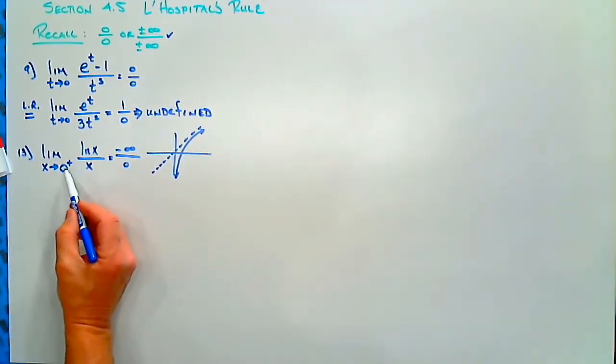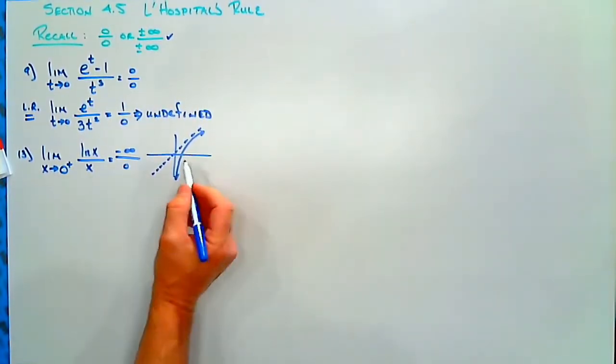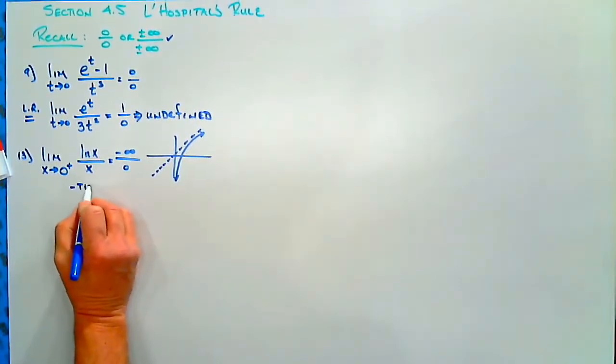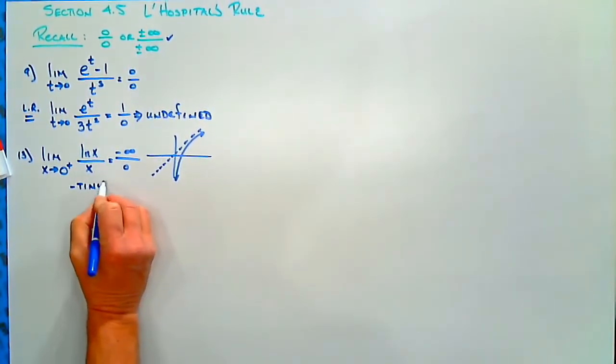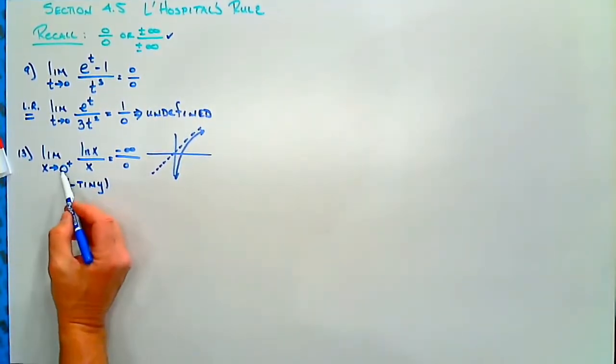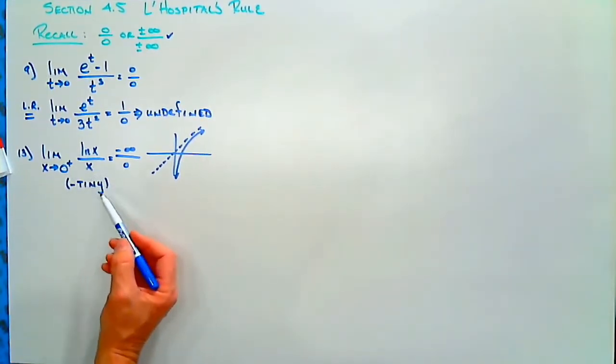Well, when we plug in 0 from the right to the natural log, we get numbers in the numerator that are negative and they're tiny. What happens when we plug in numbers approaching 0 from the right into x?